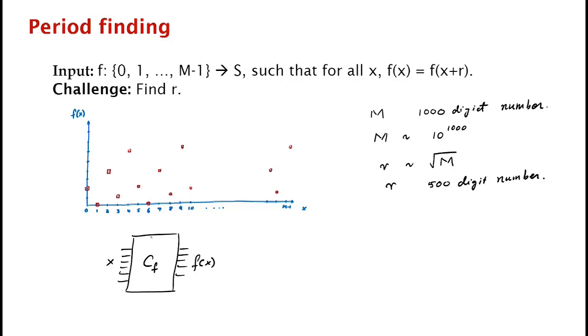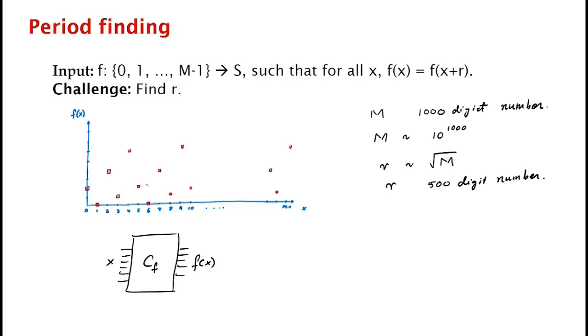Now, if somebody gave you such a circuit and said, find me the period, what could you do? Well, classically, all you could do is pick inputs, maybe random inputs, until you've figured out the pattern. But what pattern is there to figure out?